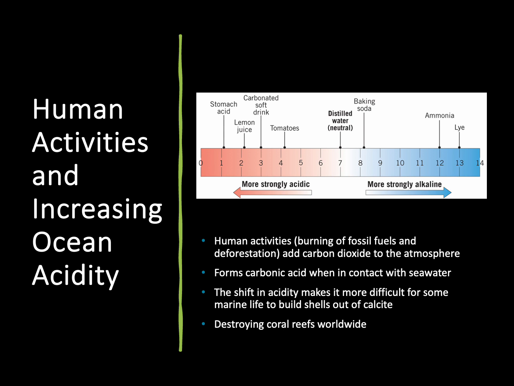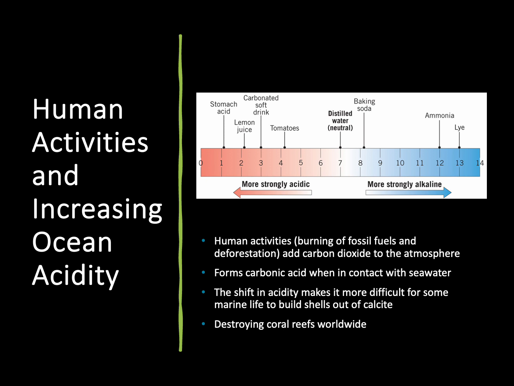Because remember, that mineral calcite reacts to acid. It bubbles and effervesces. So when we have a lot of carbonic acid in our seawater, that acidity literally eats the shells away. Life is going to find it very difficult to exist.